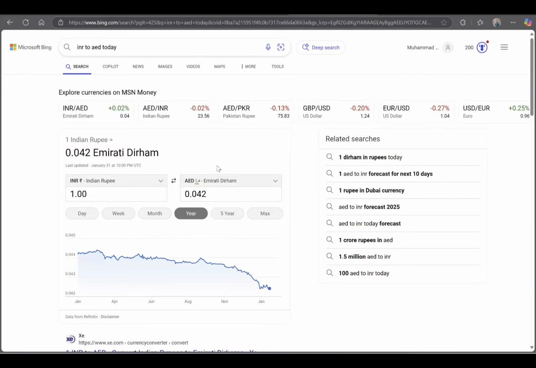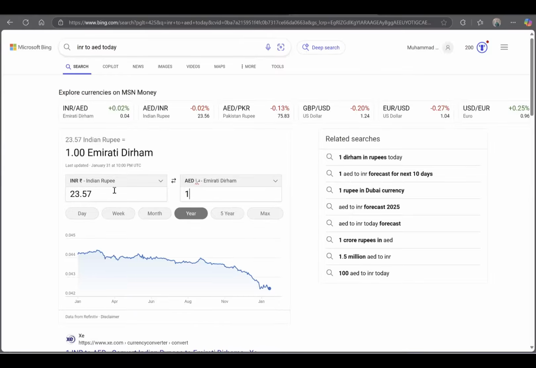We have two different ways of expressing the exchange rate. This is one exchange rate: 1 Indian rupee is equal to 0.042 dirham. Or we can do it the opposite way. Let me make it 1. So we can say, 1 dirham is equal to 23.57 Indian rupee. These both are the same thing, isn't it?